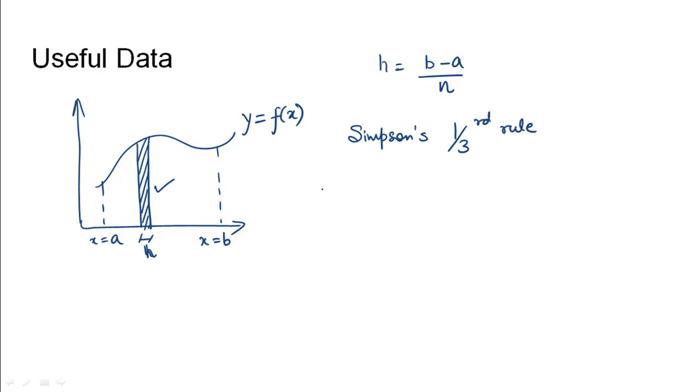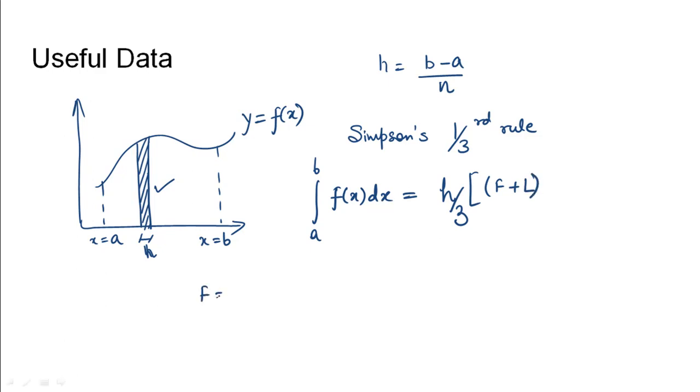What Simpson's 1/3 rule says is that if we want to integrate a function f(x) dx from a to b, it will be equal to h by 3, where h is (b minus a) by n, into the first ordinate plus the last ordinate.